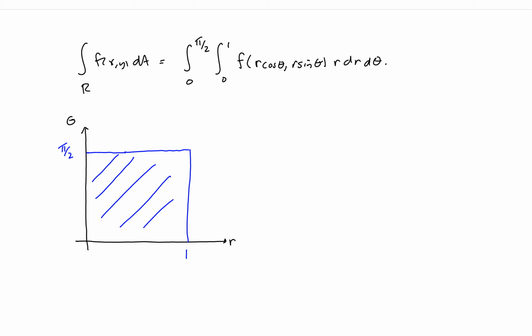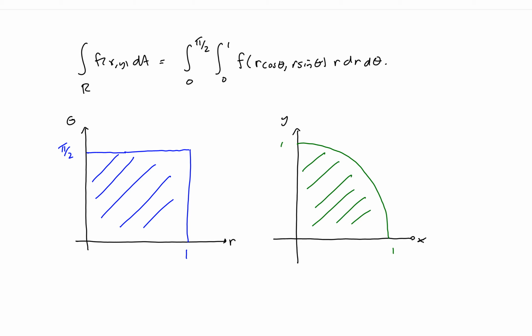Whereas in the xy plane, as we saw above, our region is not so nice because it's part of a circle, so it looked like this. We can think of what we're doing as transforming this region on the right to the region on the left when we do this change of coordinates. So we're going to transform like that.